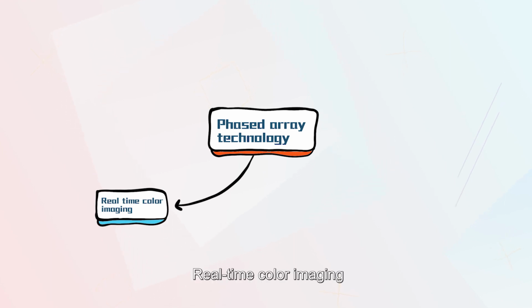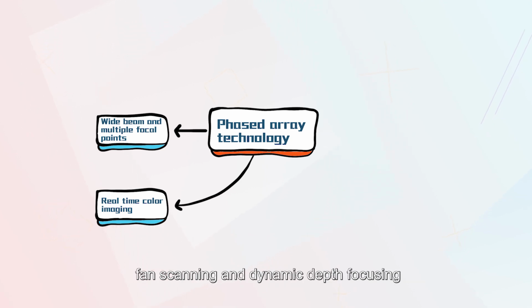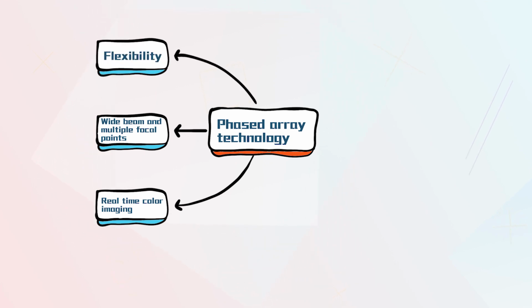1. Real-time color imaging, including A/B/C/D and S scan. Easy to interpret defects. 2. The phased array technology can realize linear scanning, sector scanning, and dynamic depth focusing so that it has the characteristics of wide beam and multi-focus at the same time, so the detection speed can be faster. 3.